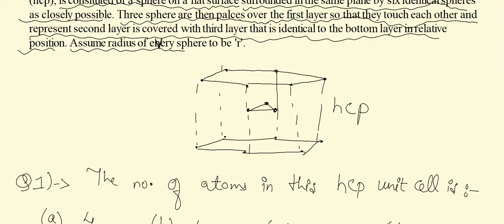Why? Because in hexagonal close packing, half of every atom is contributing its half part, and the other half is given to the bottom unit cell.